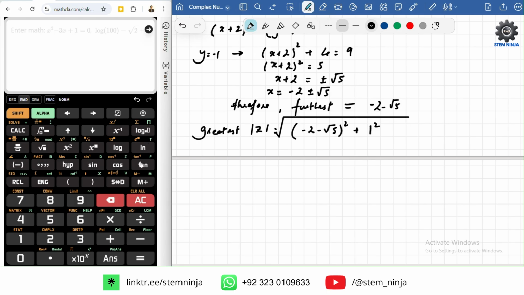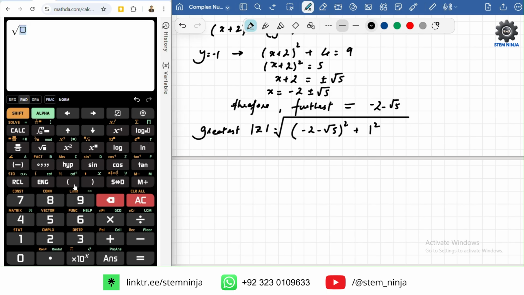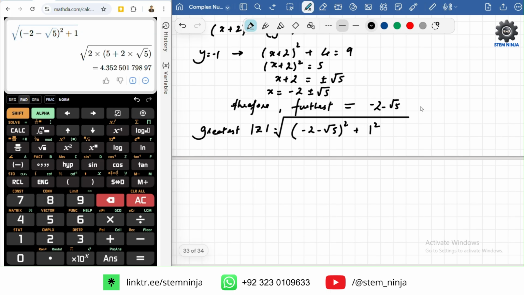So this is all we need: square root of minus 2 minus root 5 whole squared plus 1. So that's it. That's your answer.